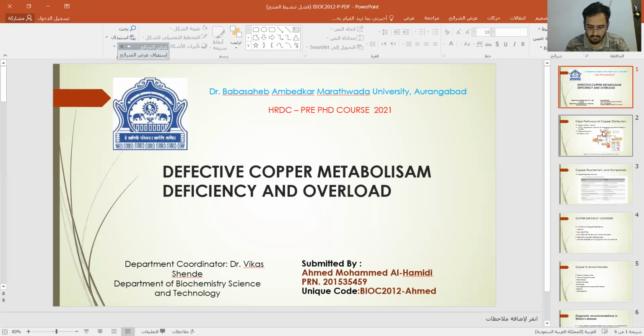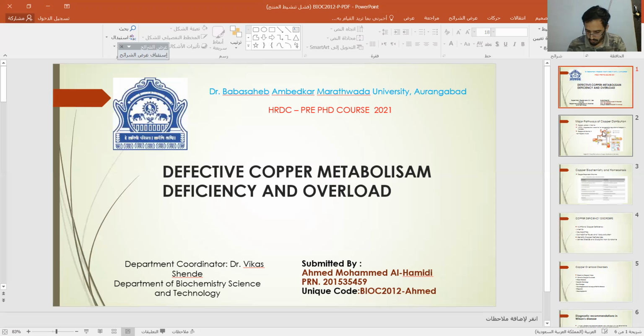Copper is involved in many physiological pathways. Furthermore, copper is associated with important biological processes, including angiogenesis, response to hypoxia, and neuromodulation. Copper is an essential dietary component required in a small amount, 1.5 to 3 mg per day.